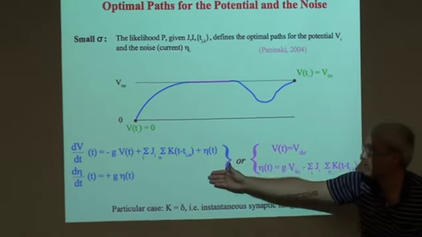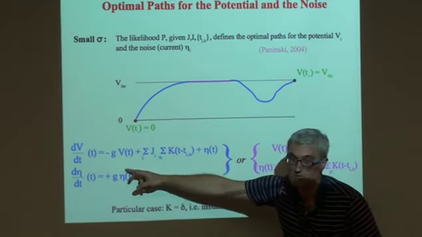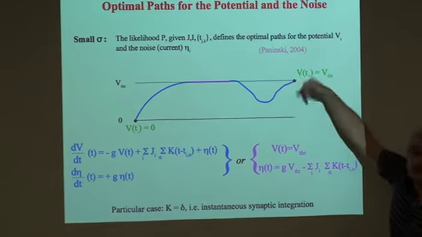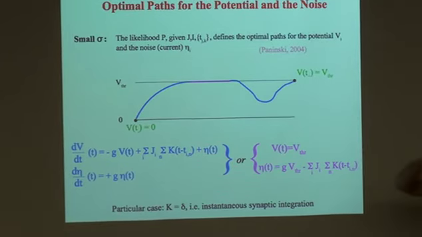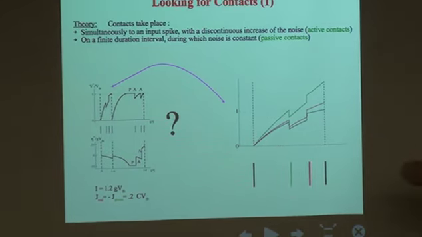I can solve this equation and find the integration coefficient, in order to arrive exactly at the threshold value at the end of the interspike interval. It's very easy to do, and you get this black trajectory for the potential.